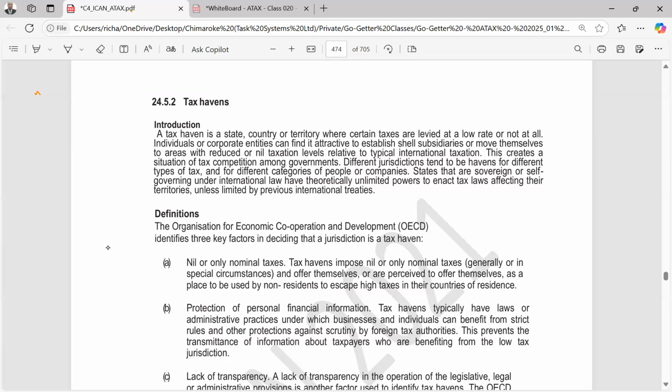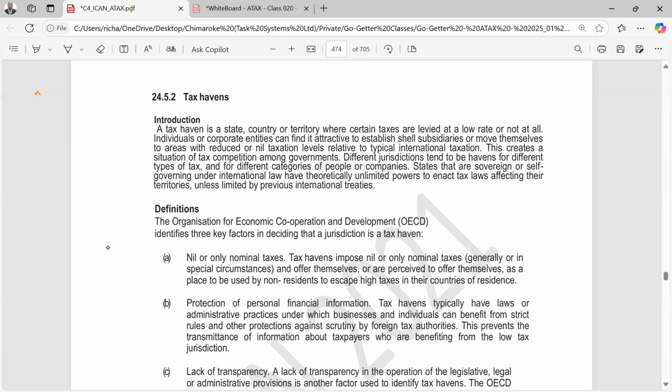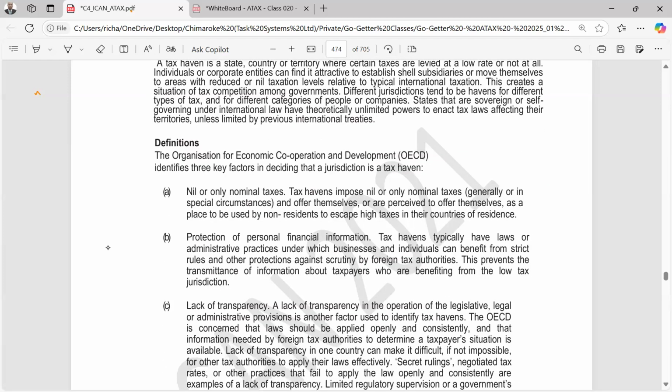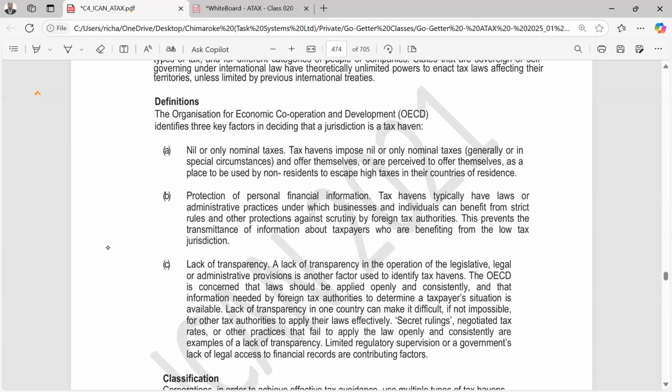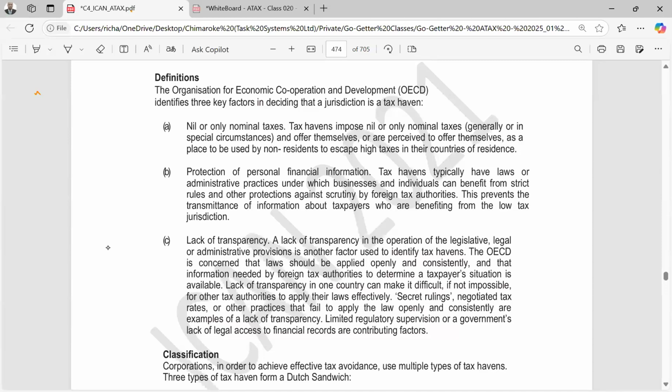Okay, so in those tax havens, the Organization for Economic Cooperation and Development, OECD, has identified how they will deal with tax havens. So look at some of the factors that characterize a tax haven.